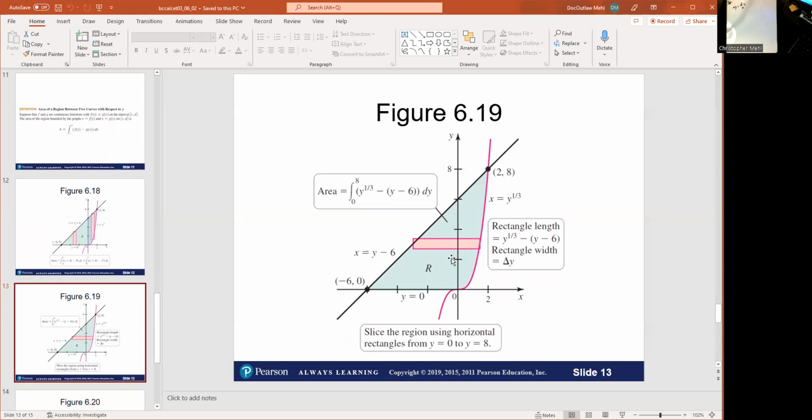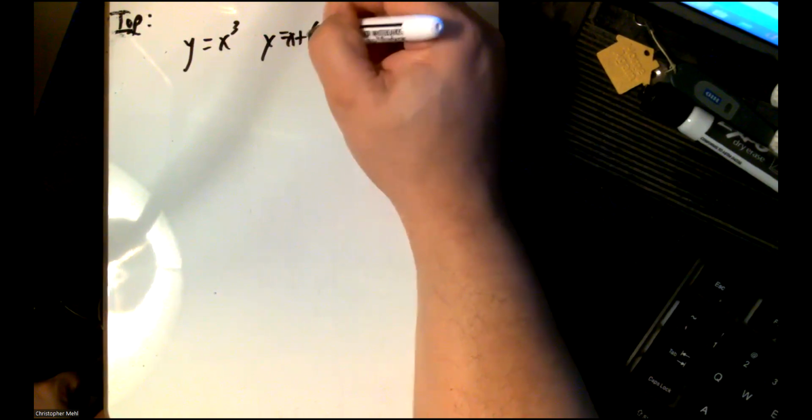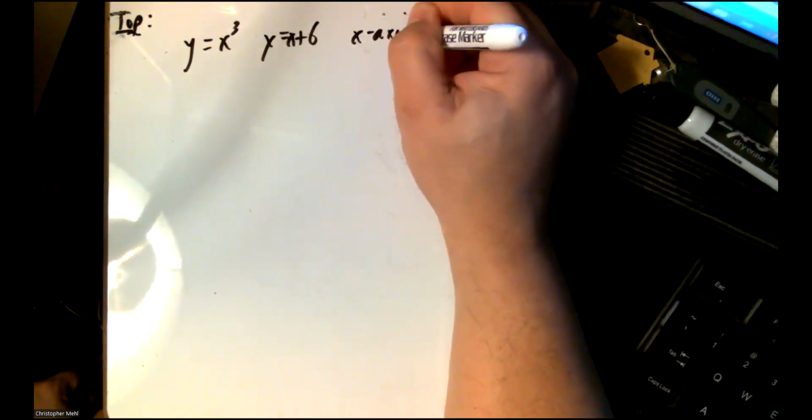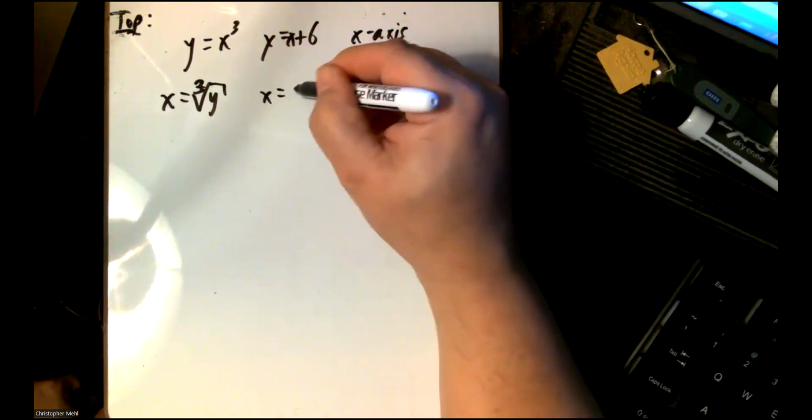In the other direction, my right curve is going to be y cubed. So just to walk through the mechanics here, we have y equals x cubed, y equals x plus 6, and the x-axis, that's the region we're interested in. Well, to do it in the y direction, I have x equals the cube root of y, x equals y minus 6 now.